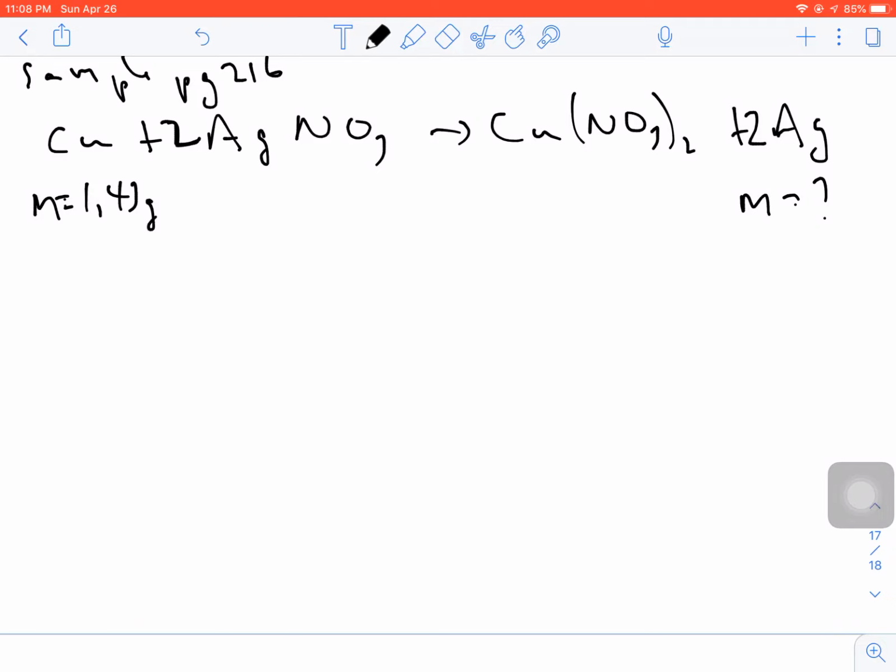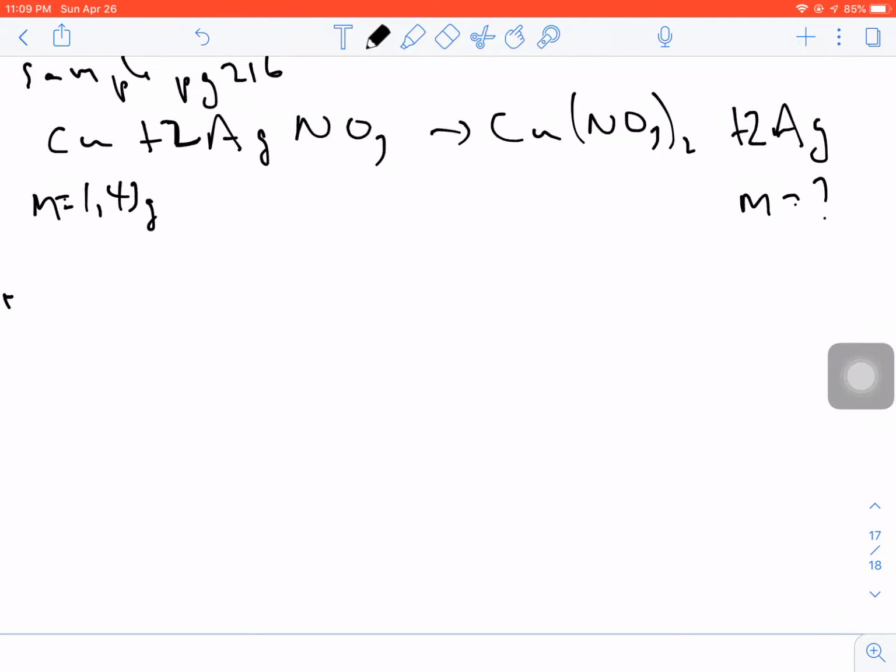Now, I can't say that 1 gram of copper makes 2 grams of silver. It doesn't work that way. What I know, because the masses of copper and silver are different, all I know is 1 mole of copper makes 2 moles of silver. So I've got to convert mass to moles. I know how to do that from my last test.